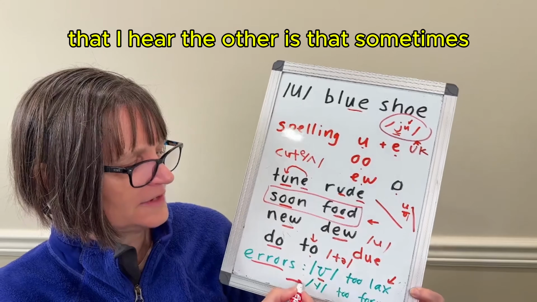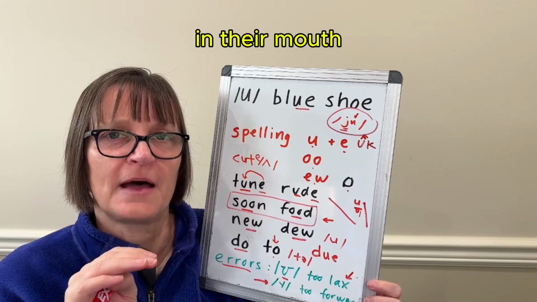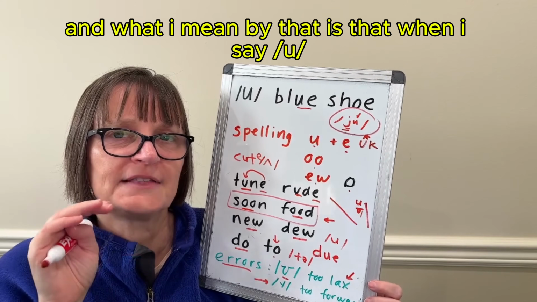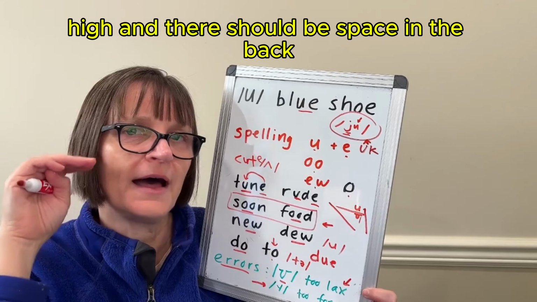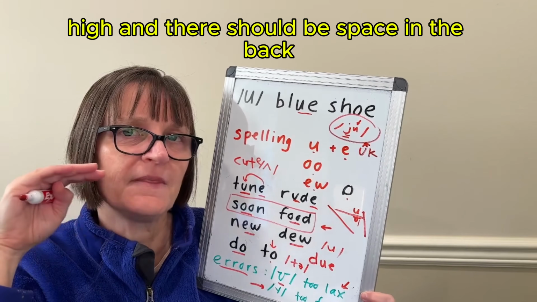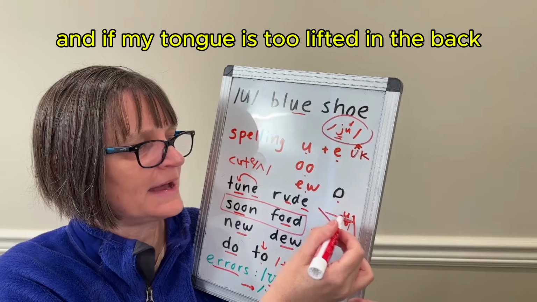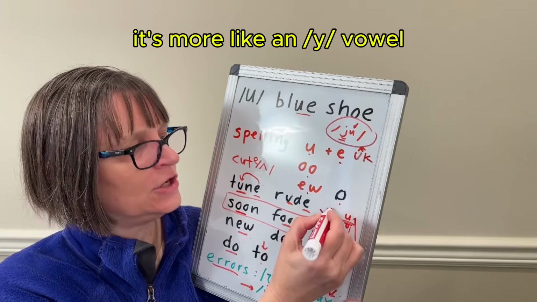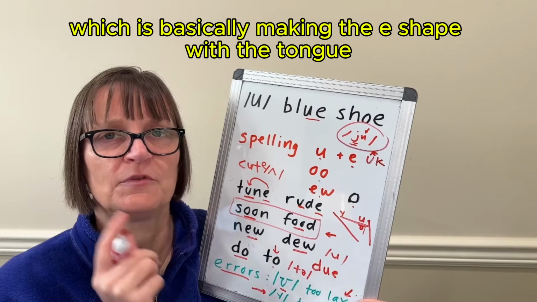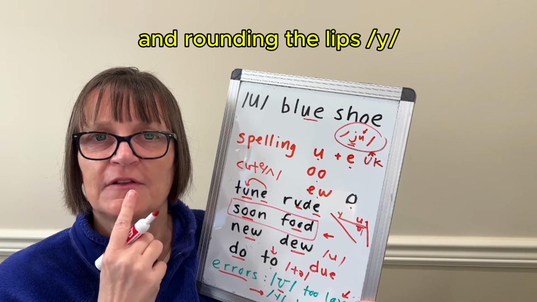The other is that sometimes people will bring this vowel too far forward in their mouth. And what I mean by that is that when I say ooh, the tongue should be high and there should be space in the back as well as in the front. And if my tongue is too lifted in the front and the vowel comes more forward, it's more like an ü vowel, which is basically making the E shape with the tongue and rounding the lips.